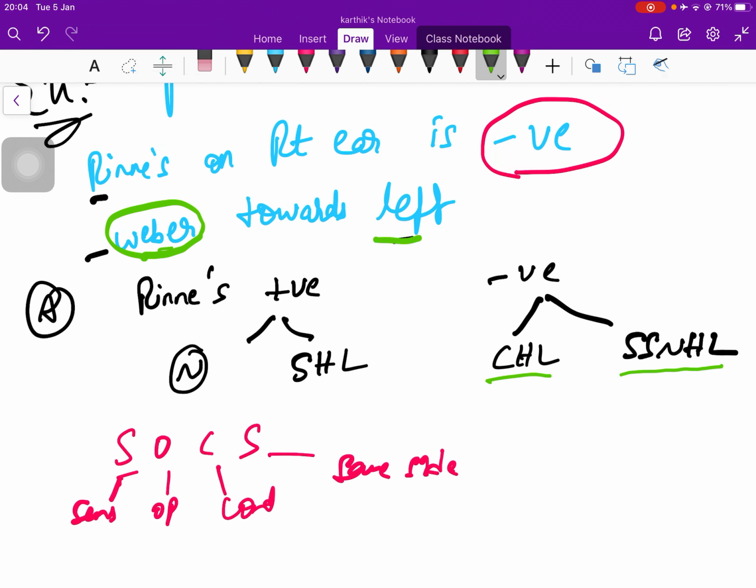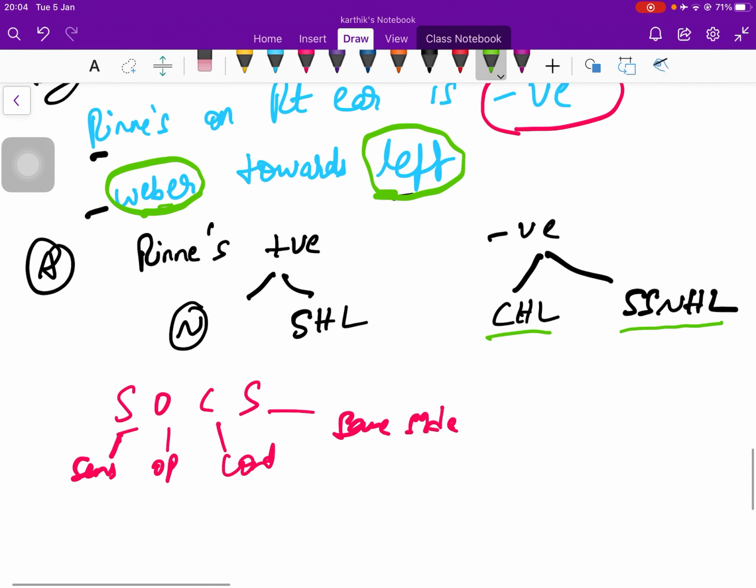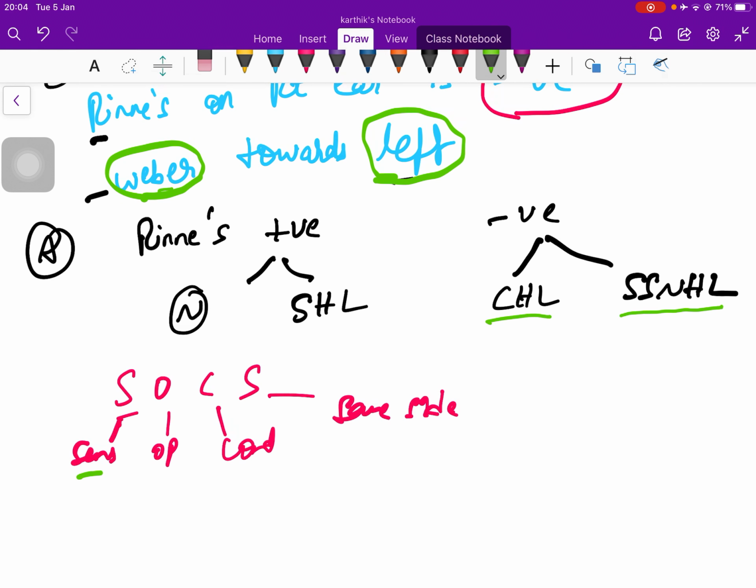Now in Weber's test, sound is lateralized towards the left side. I said sensory is opposite and conductive is on the same side. The given side is left, so same side means left conductive hearing loss.